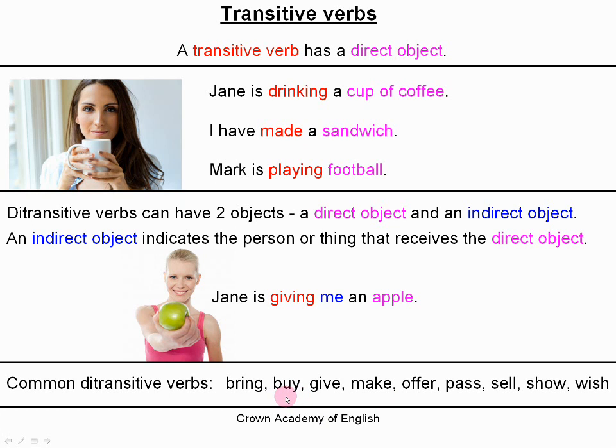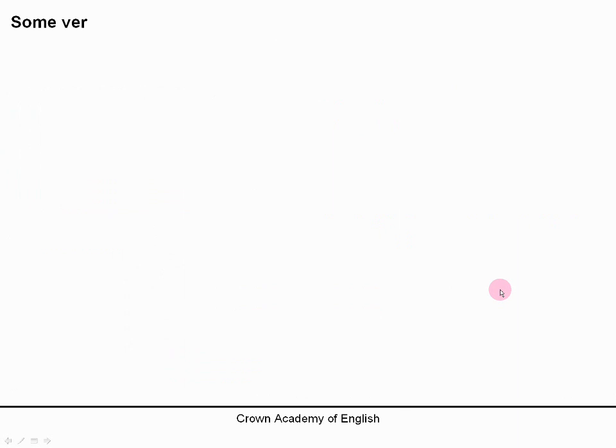David is buying Jane a ring. So ring is the direct object, David is the subject, and Jane is the indirect object. David is buying Jane a ring. So these are ditransitive verbs.